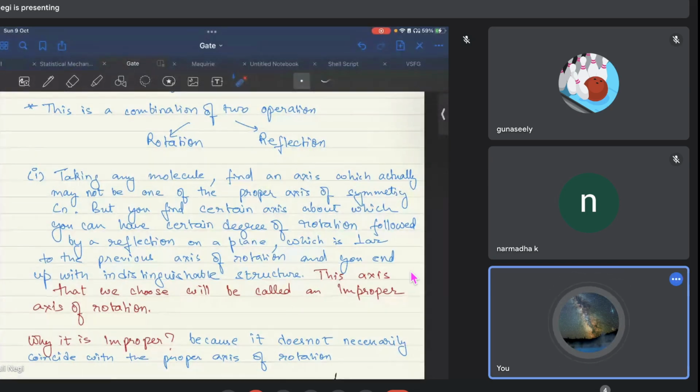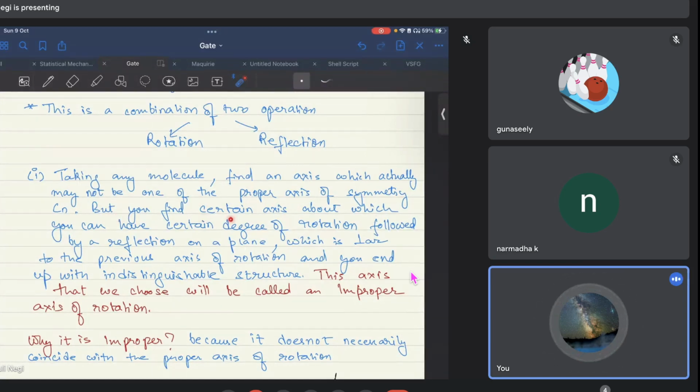Mind this point: the axis that you rotate about first is not necessarily the proper axis of rotation, or principal axis, that you have seen earlier. You will not necessarily get an indistinguishable structure at the first operation. So you are simply doing one rotation about any rotational axis, but not necessarily the proper axis of rotation.